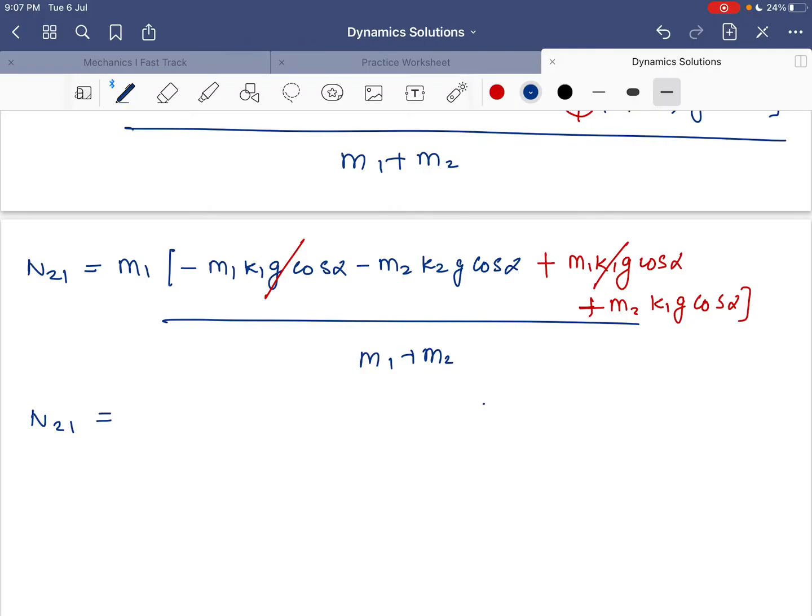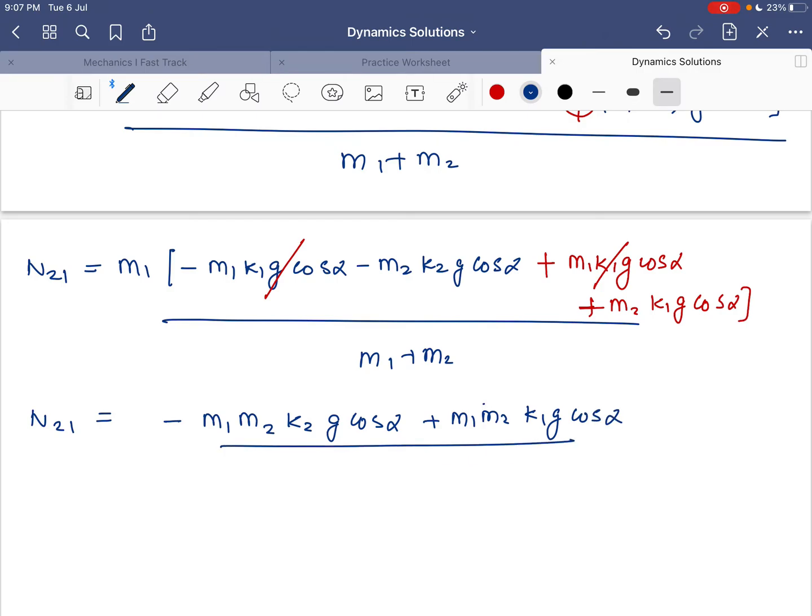So now if I multiply m1 inside, it will be m1 m2 k2 g cos alpha plus m1 m2 k1 g cos alpha whole upon m1 plus m2.